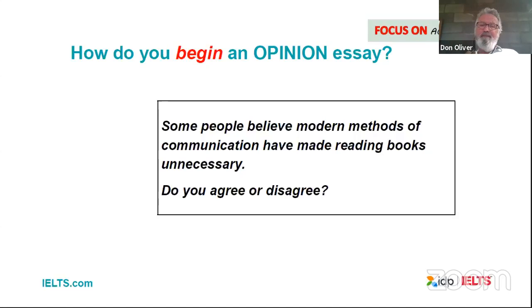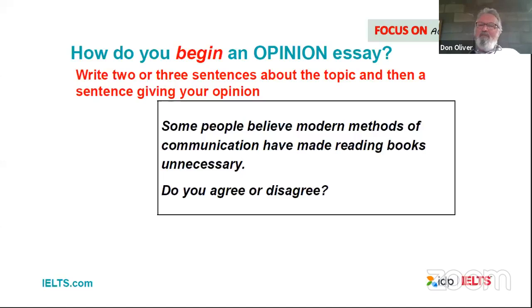The response: do you agree or disagree? What sort of words would we use to begin this essay? Well, we would write 2 or 3 sentences about the issue, about modern methods of communication, about the necessity of reading books.